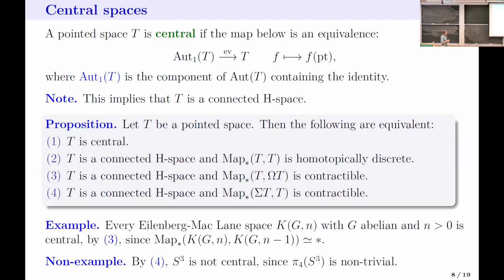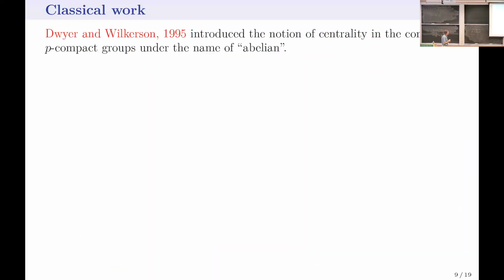So this relates to some classical work. While working on p-compact groups, Dwyer and Wilkerson introduced the terminology abelian, and it's exactly this condition on this evaluation map being an equivalence. There they had extra structure on T in addition, the p-compact group structure that we don't need in our definition, but other than that, they did have that same map being an equivalence.